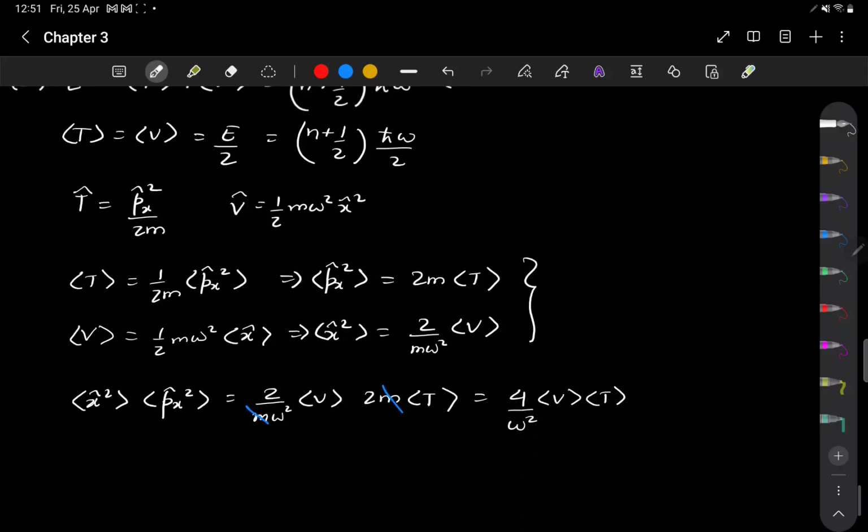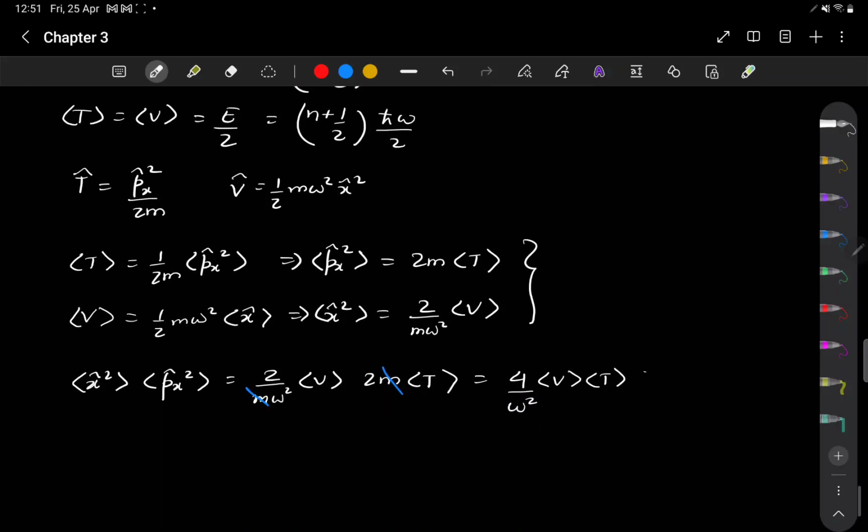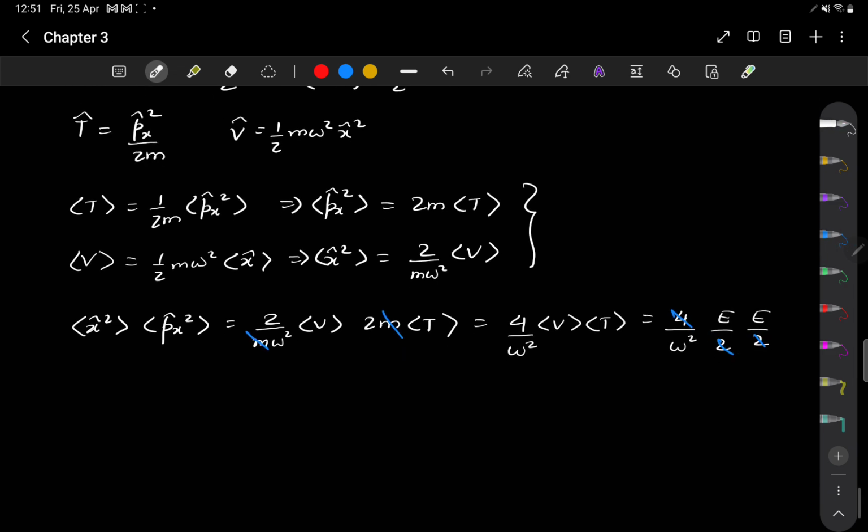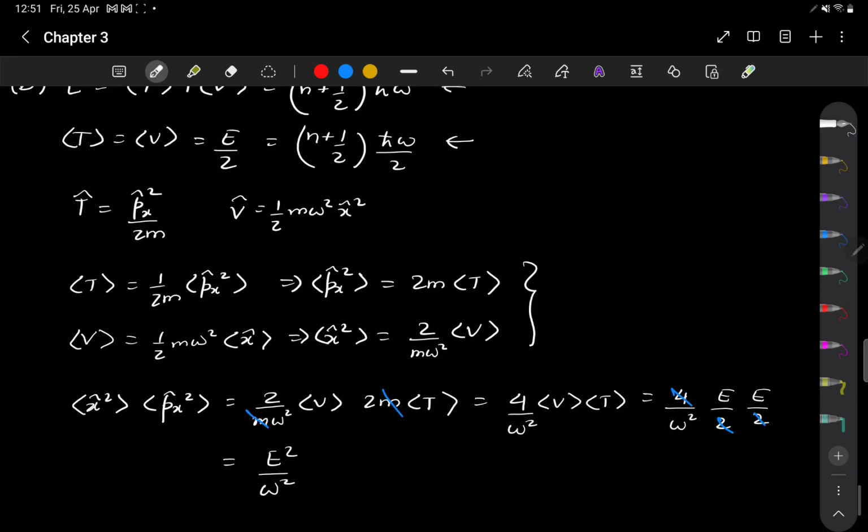Now the average of kinetic and potential energies is nothing but E over 2 from here. So this 4 also cancels out. And again we'll make use of this expression of energy.